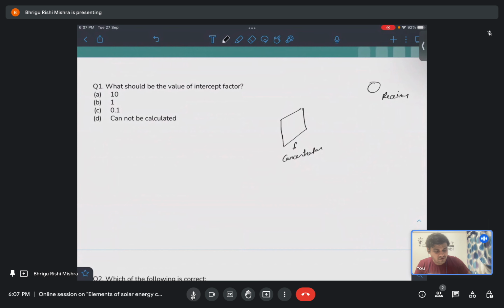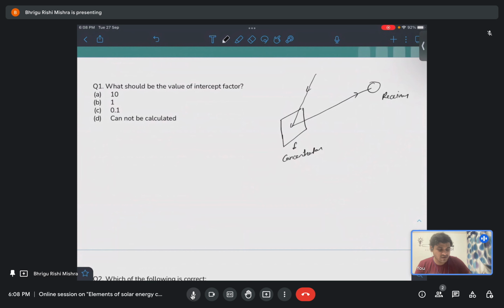So when solar radiation hits the surface, we basically track the solar radiation. That means we move this concentrator depending upon the position or the path of the sun's movement. So this solar radiation beam when it hits this concentrator, then it is reflected and concentrated to the receiver.